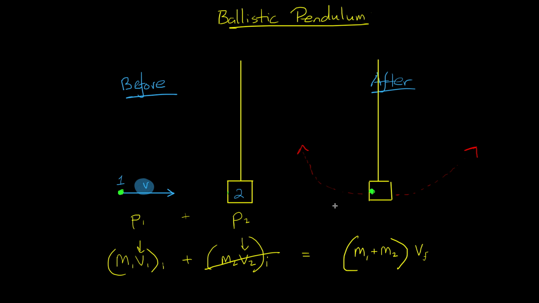In other words, as the projectile embeds itself within the wooden block, the wooden block with the embedded projectile swings back and forth. The question did not specifically state anything about how fast it's going, so we don't know anything about this. Again, we do know about both masses, so we know mass 1 and mass 2.